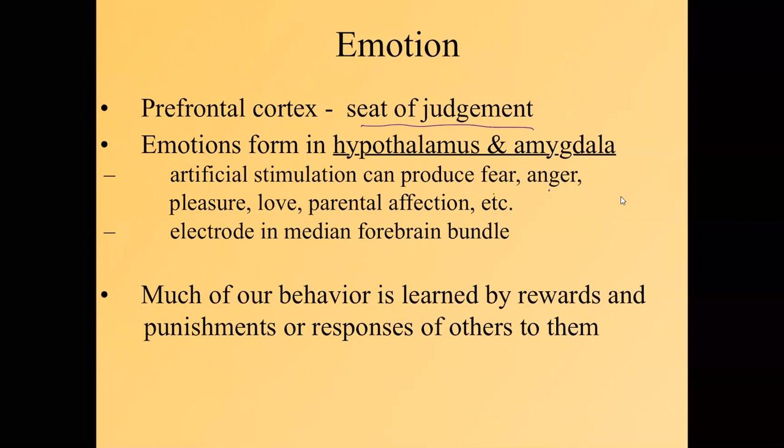They can stimulate it so that a rat licking its baby feels like something's happening. That's how they try to figure out how emotions work. Most of our behavior is learned by positive or negative responses from other people.